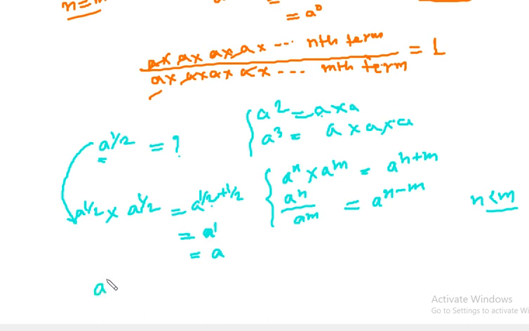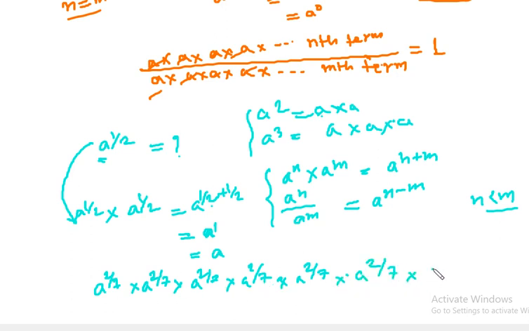Or what is a to the power 2 by 7? You can think of it like this: if we multiply a to the power 2 by 7 with itself 7 times, we get a square. So a to the power 2 by 7 is such a number.